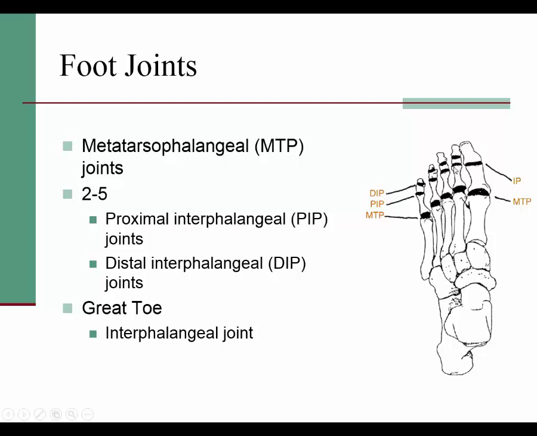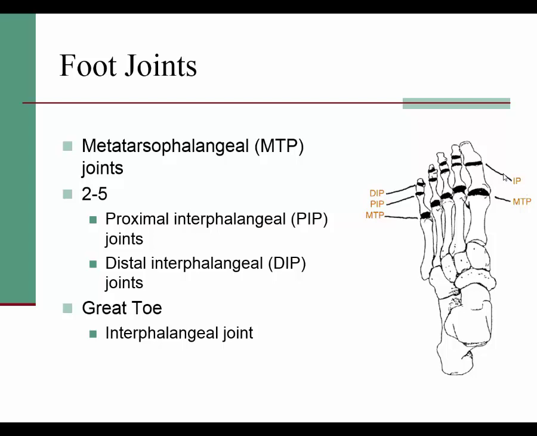In the great toe, all we have is the interphalangeal joint. And you'll need to be familiar with those for lots of reasons, but one in particular is the fact that we do have muscles that will come into union with those specific areas of the foot.